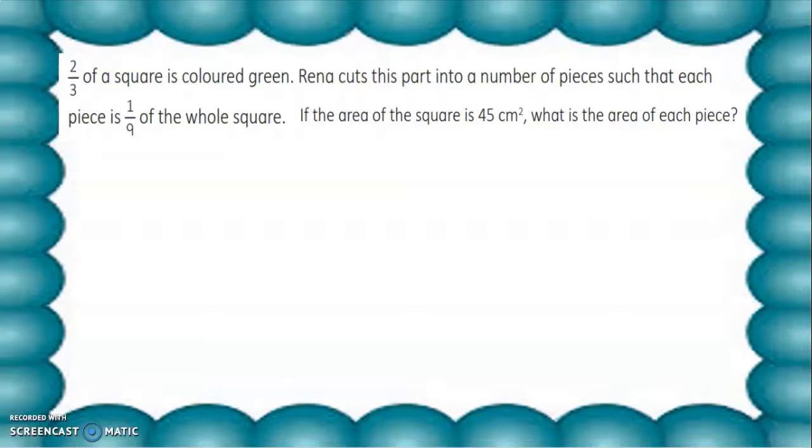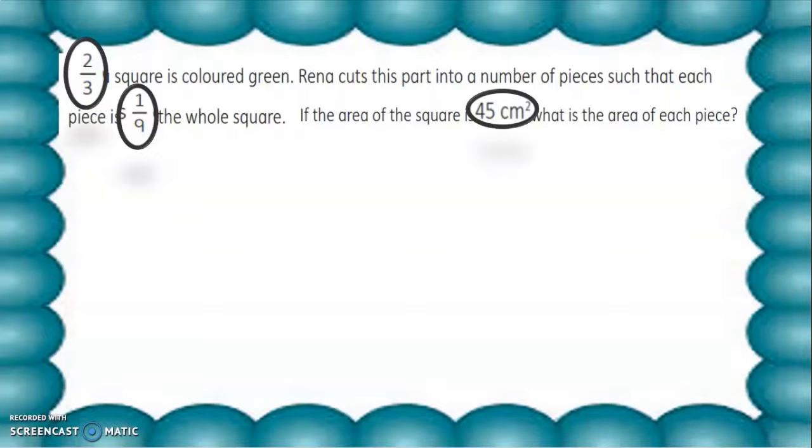We have the important information: two-thirds, 1/9, and the 45 square centimeters. Before we answer what is the area of each piece, we need to find first the number of pieces Rana has. So how to find the number of pieces?